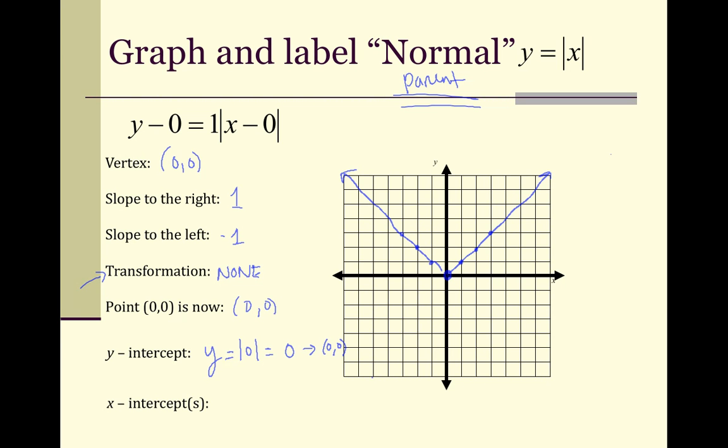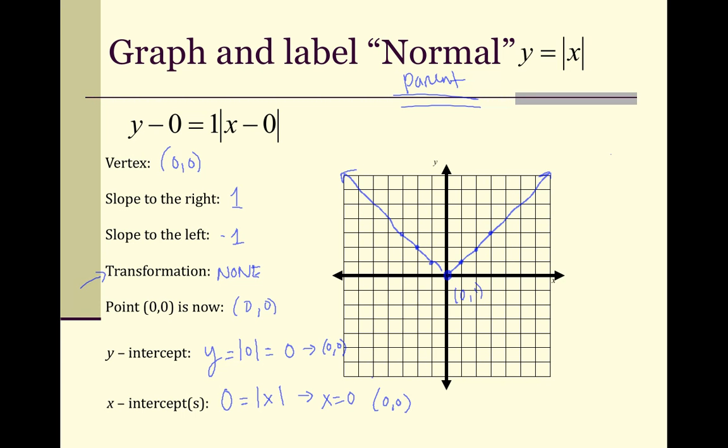I could have 2, 1, or none. You're going to have one y-intercept. The vertex will not always be on the y-intercept. The x-intercepts are going to be where the equation equals 0. Well, where the absolute value of x equals 0. Well, the only thing I could put in there would be x equals 0, so it's at the point 0, 0, which we see graphically.